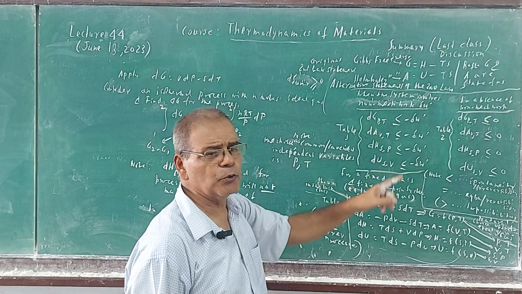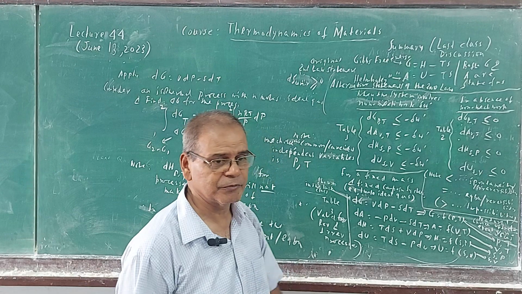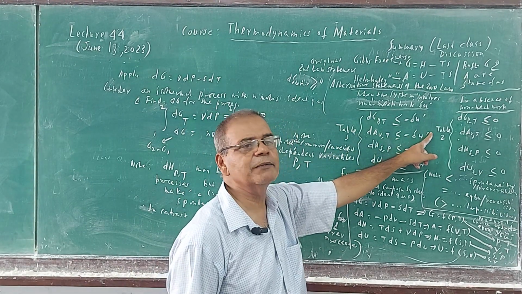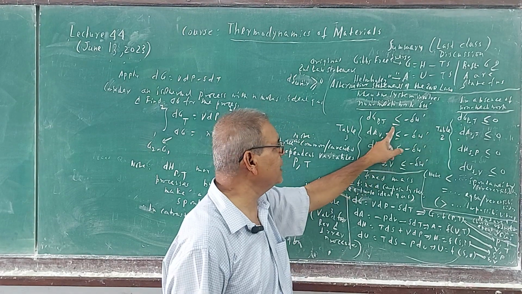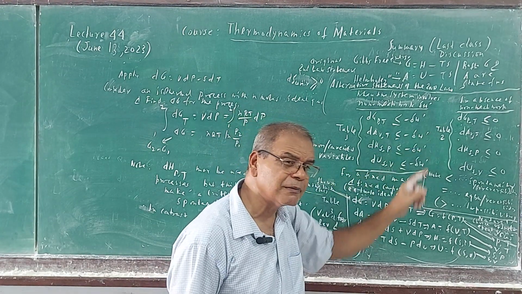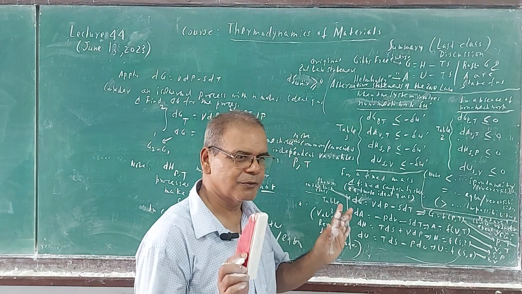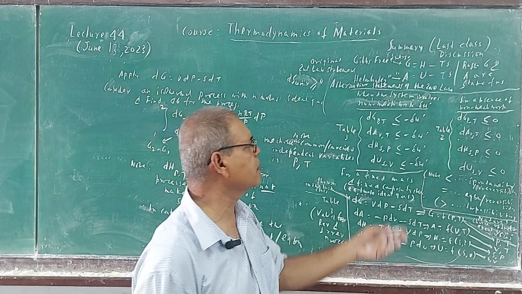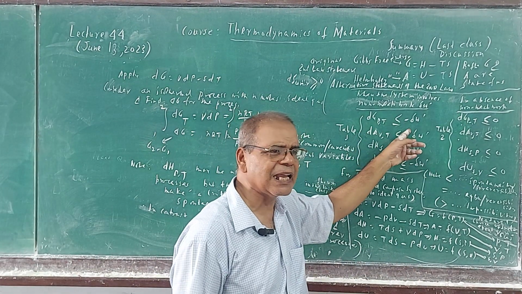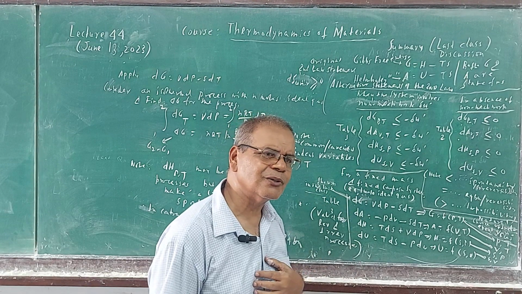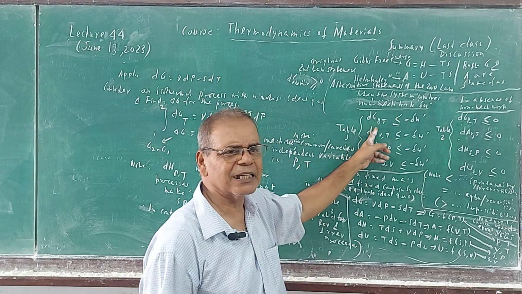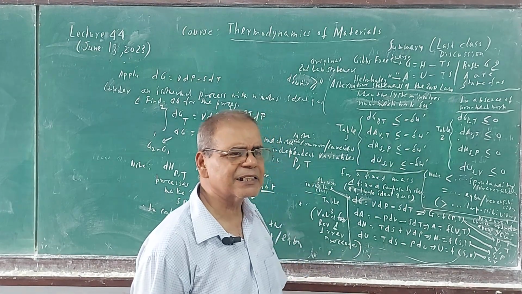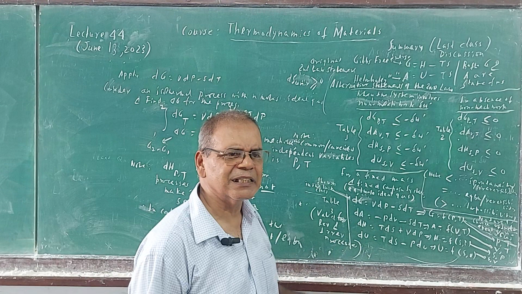The system may do non-mechanical work, possible, no problem, electrochemical. So in one case it is less than, in another case equal to. But G is a state property, sir. How is it one time less than, another time equal to? It changes, a state property.